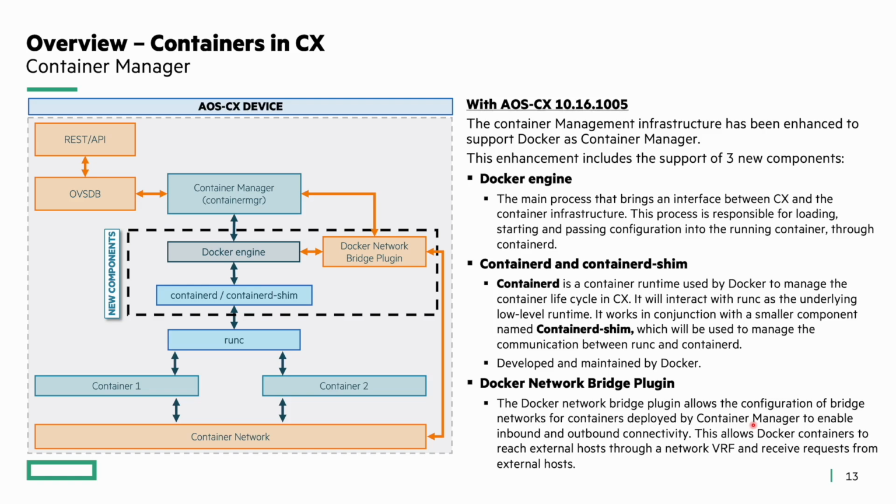So containerd will interact with runC as the underlying low-level runtime, and it works in conjunction with a smaller component named containerd-shim, which is used to manage the communication between runC and containerd. And all those three components, Docker engine, containerd, and containerd-shim, are developed and maintained by Docker.